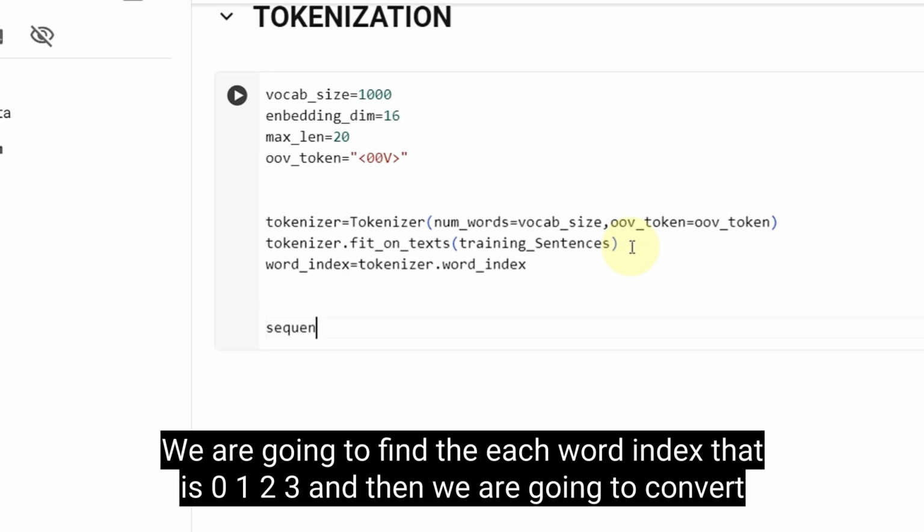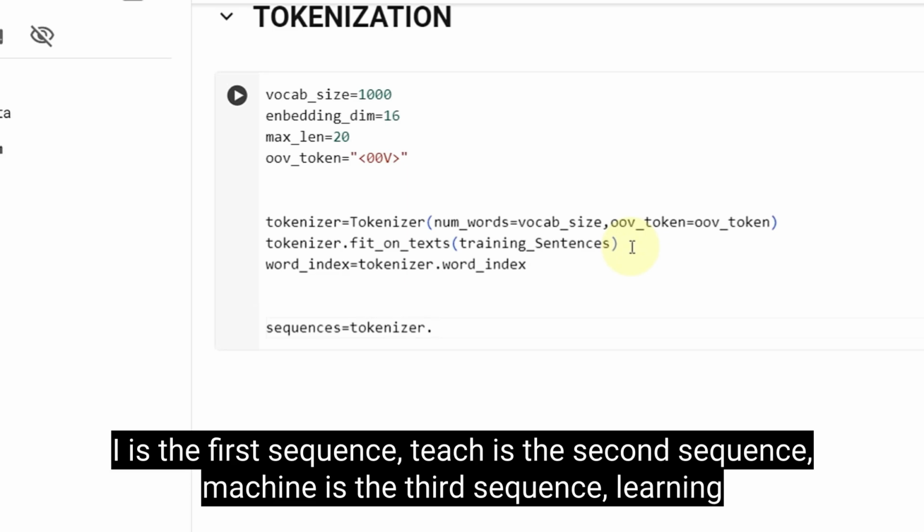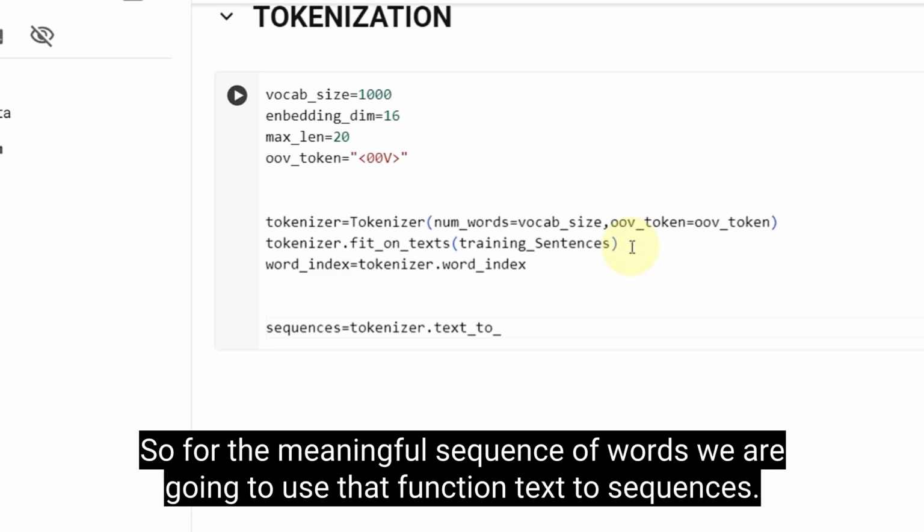And then we are going to convert the sequence of words, that is I teach machine learning. I is the first, teach is the second, machine is the third, learning is the fourth. So for the meaningful sequence of words, we are going to use the function texts_to_sequences.